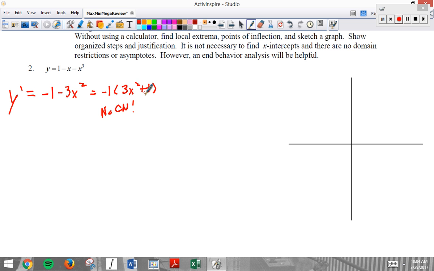Gasp. Isn't that interesting? y double prime is negative 6x. So possible point of inflection is x equals 0.